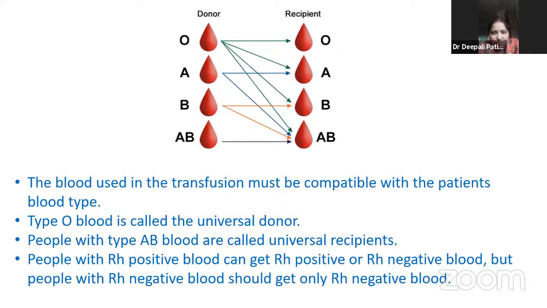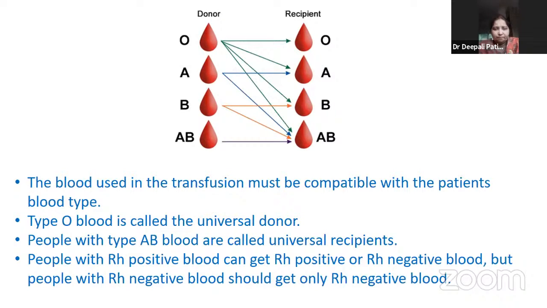Person having blood group A can donate blood to patients having blood group A, B, and AB. The person having blood group B can donate blood to persons having blood group B and AB, and the person having blood group AB can donate only to the person having blood group AB.